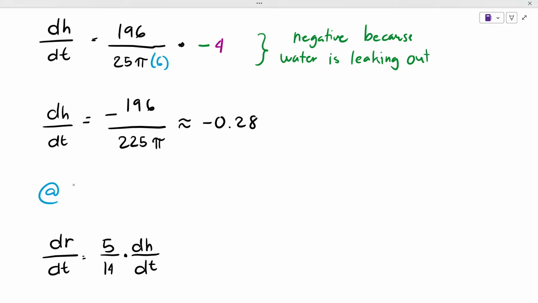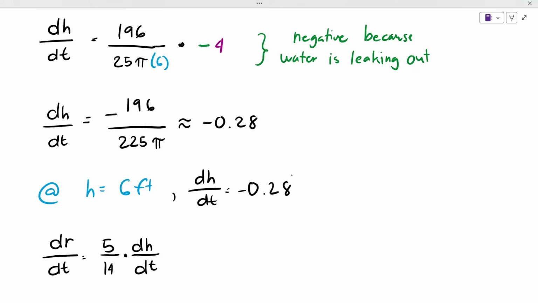When the depth of the water is at 6 feet, the change of height over time, dh over dt, is negative 0.28.